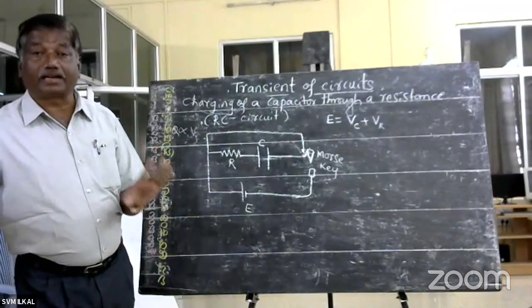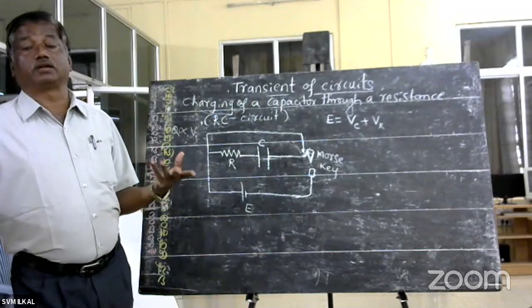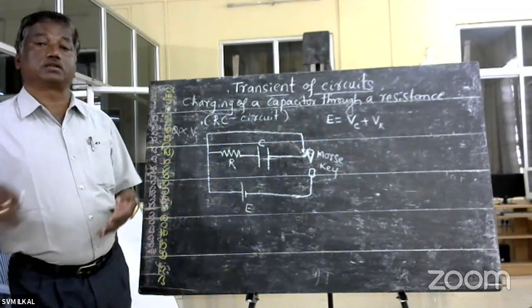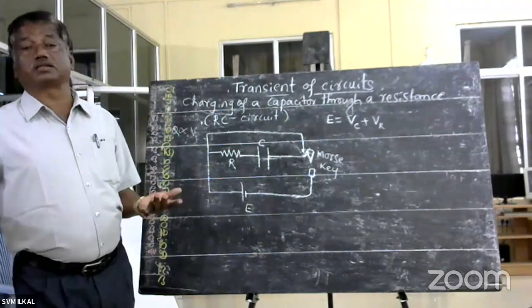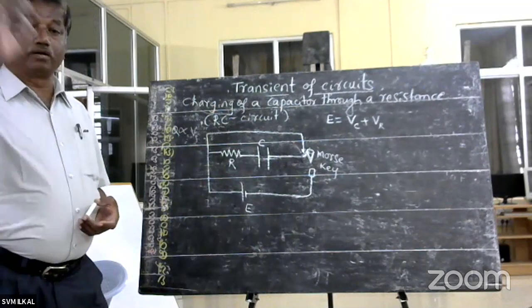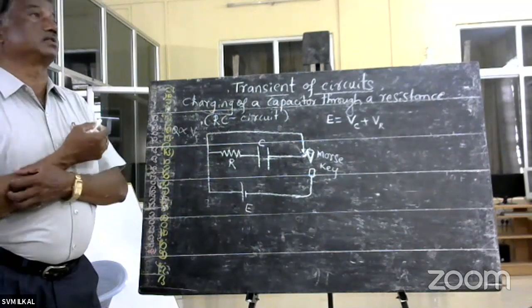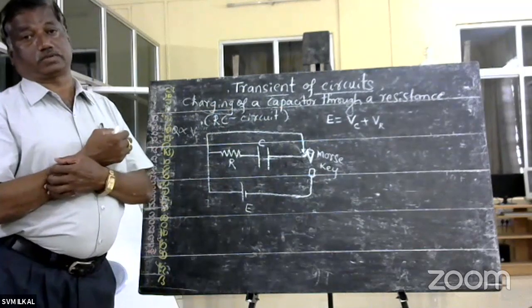In any series combination, whether only resistors in series, or inductances in series, or capacitors in series, or a combination of RLC like this, whenever the components are connected in series, the voltage divides. Okay.